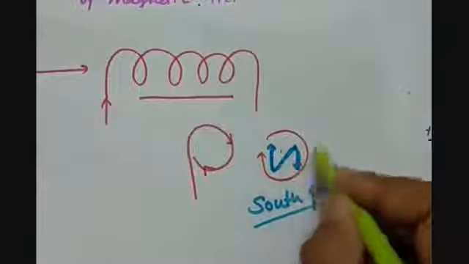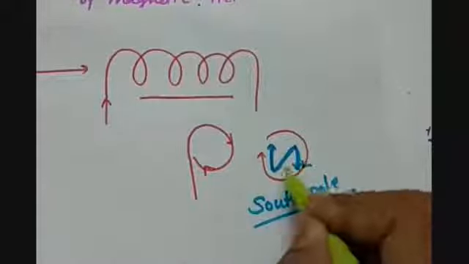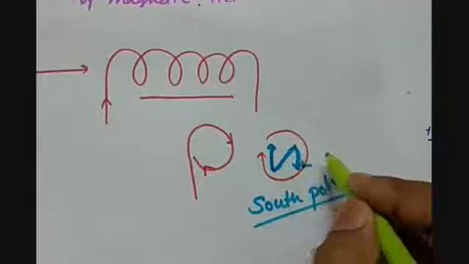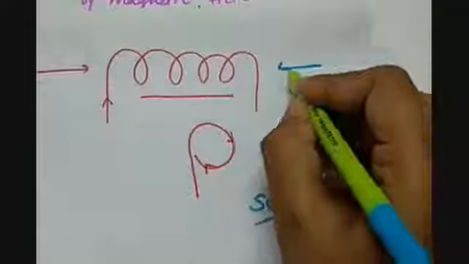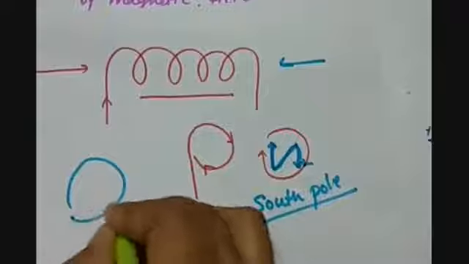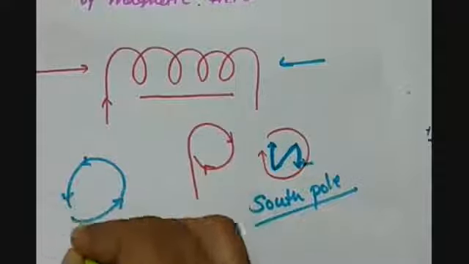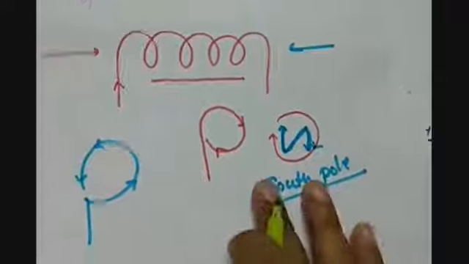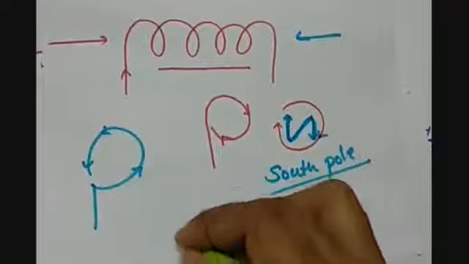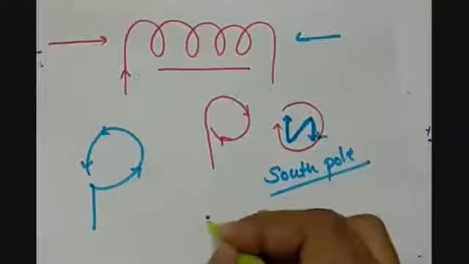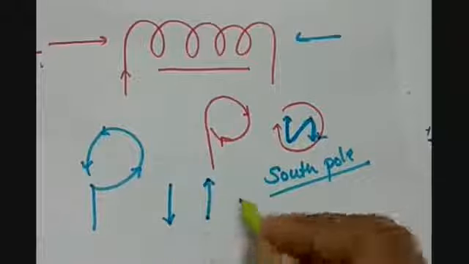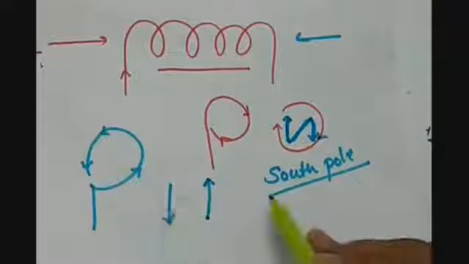So when the current is flowing in clockwise direction, that face of the solenoid behaves as the south pole of the bar magnet. And when we are at this face, we know that current is flowing in anti-clockwise direction. When the current flows anti-clockwise, first it goes up in this way and then it goes down if we take this circular loop in two segments.